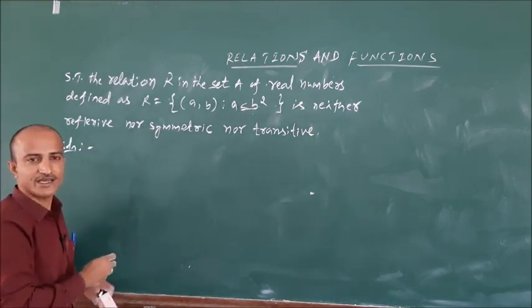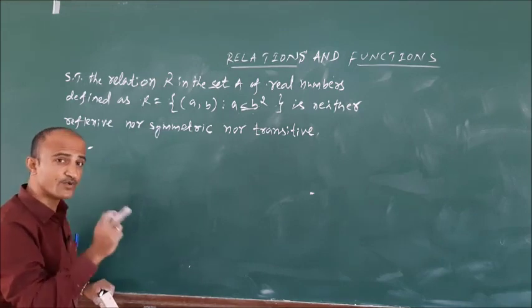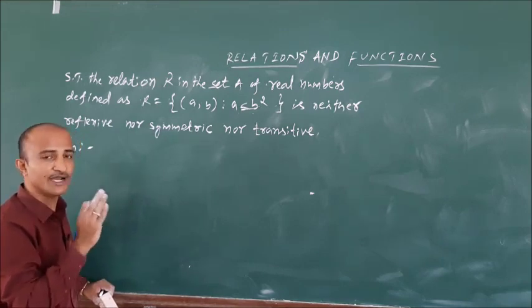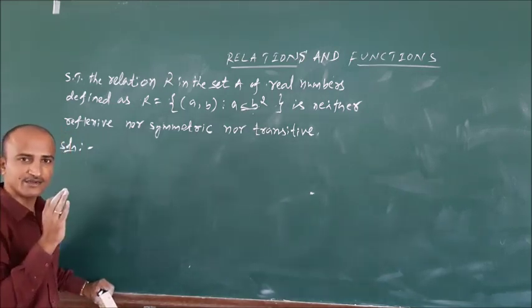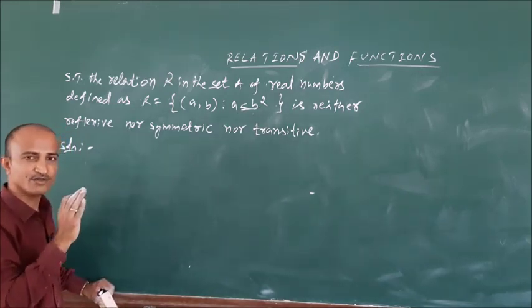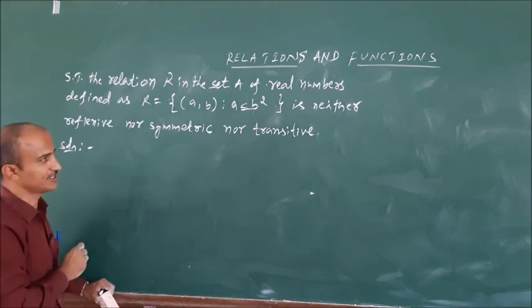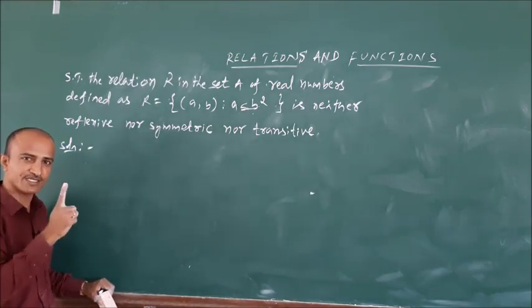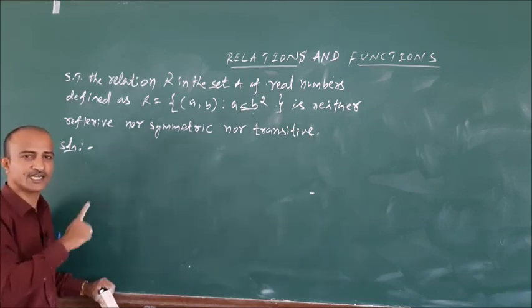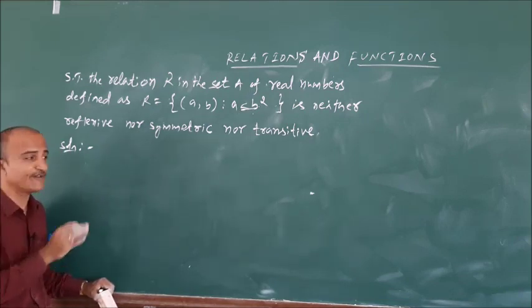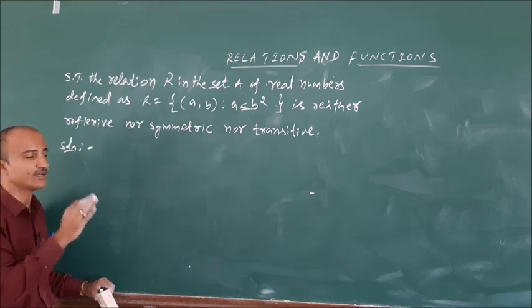If it is a respective relation, then prove it generally, not by giving a counterexample. If you write a counterexample there, you will get 0 marks in your examination. So whenever it is reflexive, symmetric, transitive or a respective relation, prove it generally. If it is not, then prove it by counterexample.